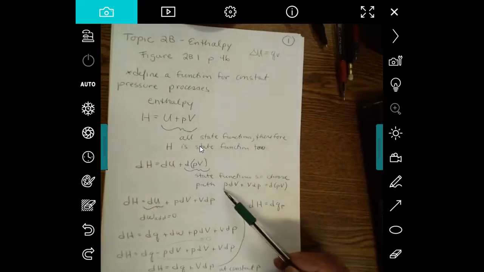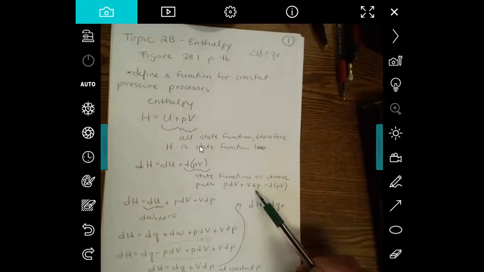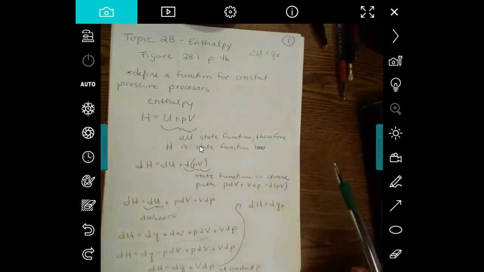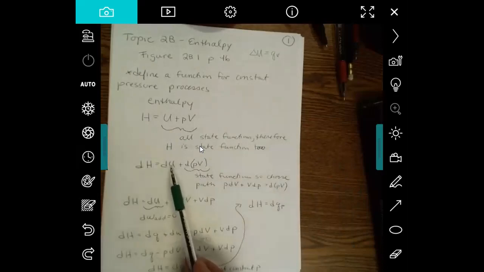I'm going to choose a path where first I change the volume holding pressure constant, and then I hold volume constant and change the pressure. That's just one particular path, and since it's a state function, it doesn't matter. Now I've expanded this to be the sum of those two changes.